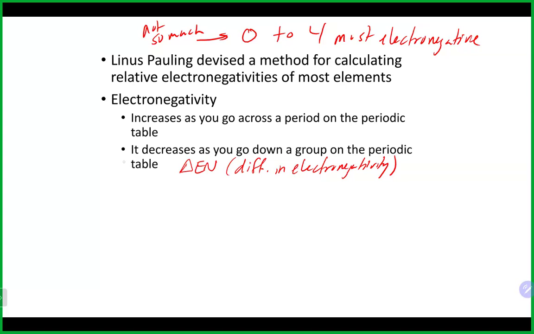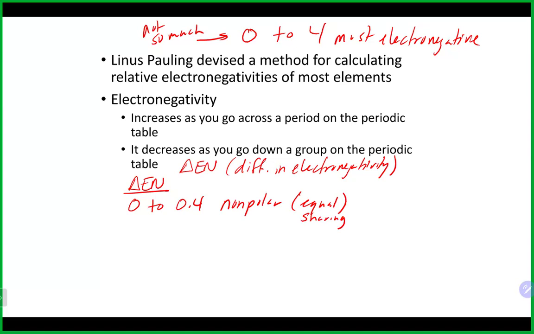If you get a value anywhere from 0 to 0.4, that is considered a nonpolar bond, which means equal sharing of electrons.